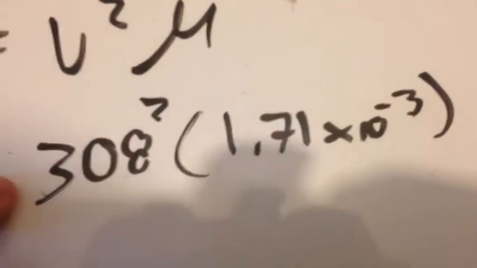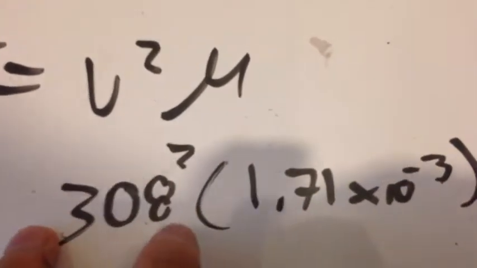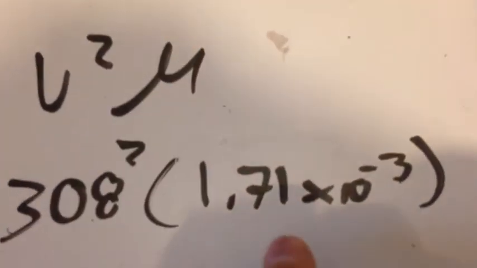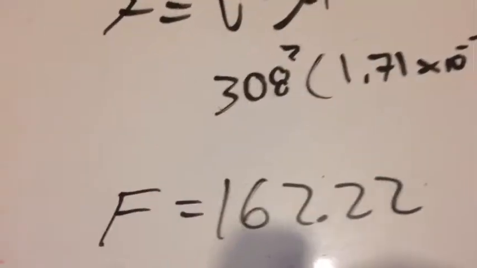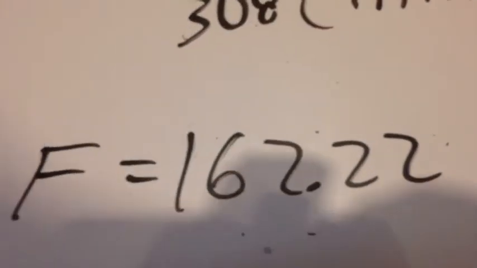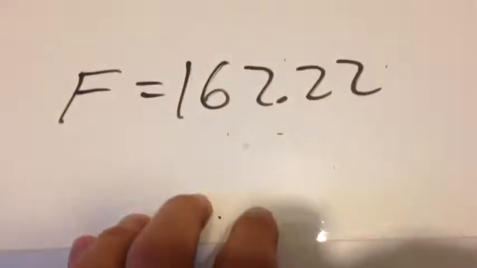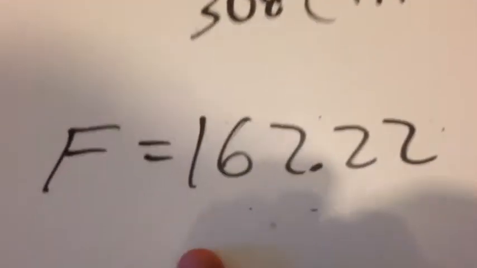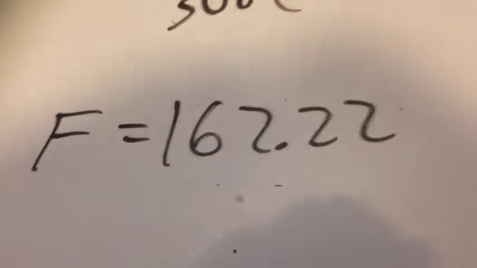We already said that our velocity was 308, which we are going to square, times the linear density that was given to us before. This will give us a value of 162.22 approximately, depending on how many decimals you use. And this will also be our tension. This value is given in newtons.